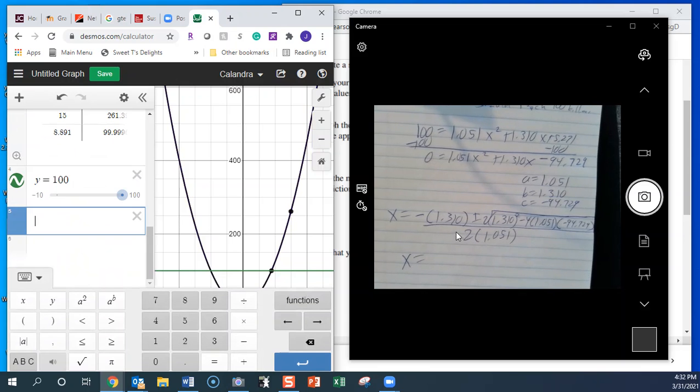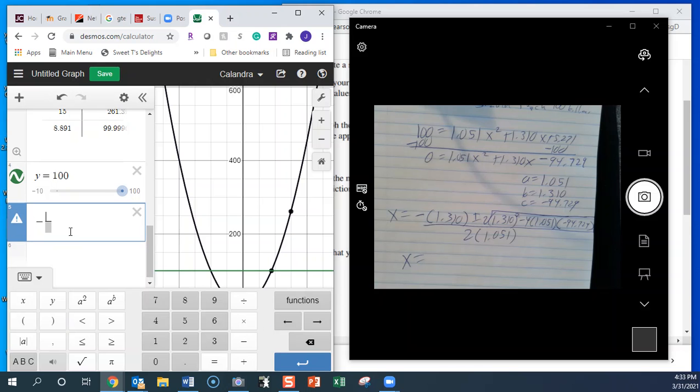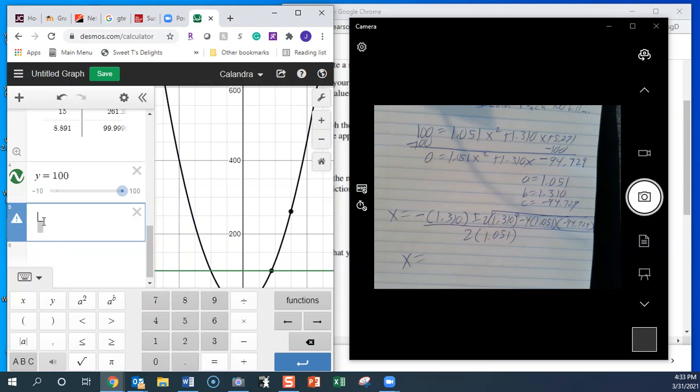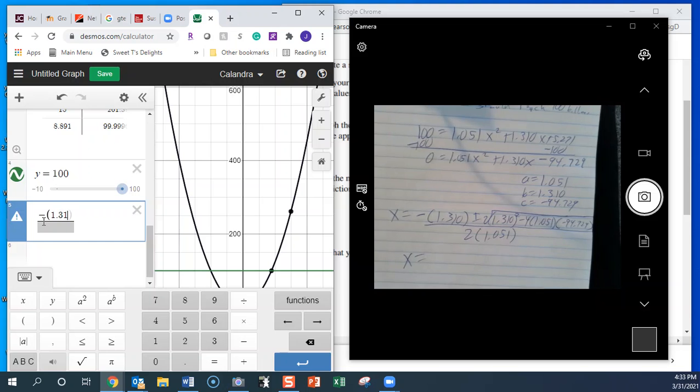And we know one has to be negative, one has to be positive. Let me do the division first. Then up top, we would have negative 1.310, close our parenthesis.